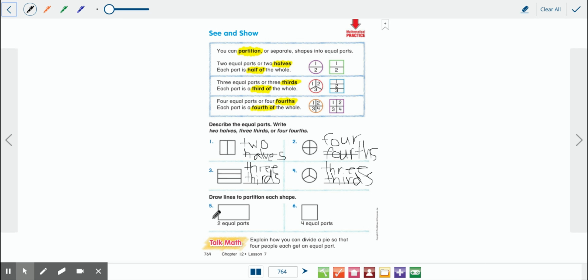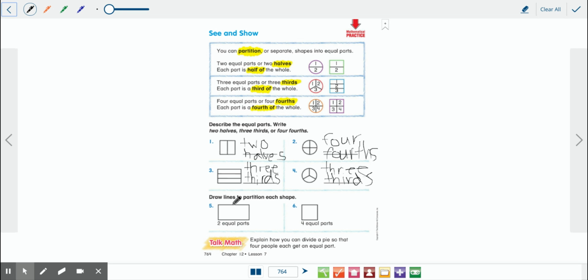And now for questions 5 and 6, we need to draw lines to partition each shape to separate into equal parts. So they would like us to separate our rectangle into 2 equal parts.